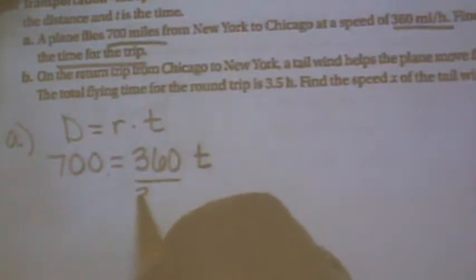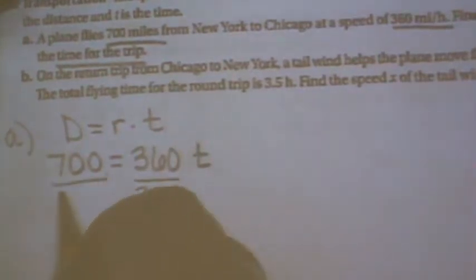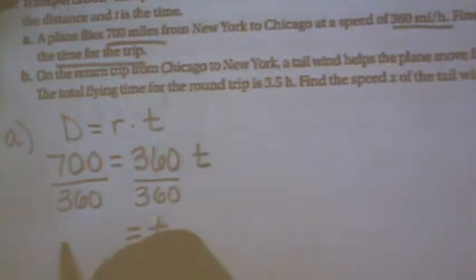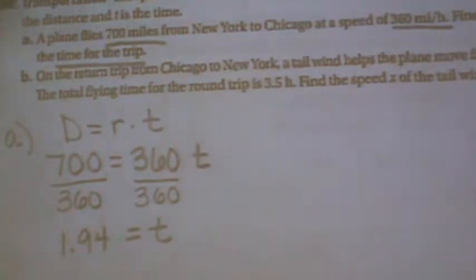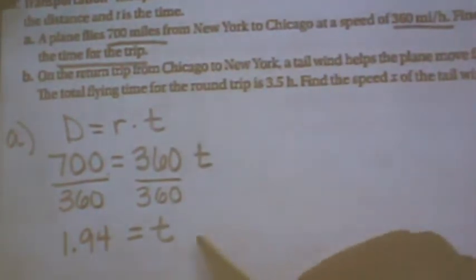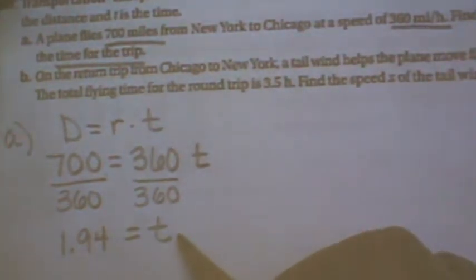And if you divide this, you get 1.94. So in other words, going from New York to Chicago, it's taking 1.94 hours.